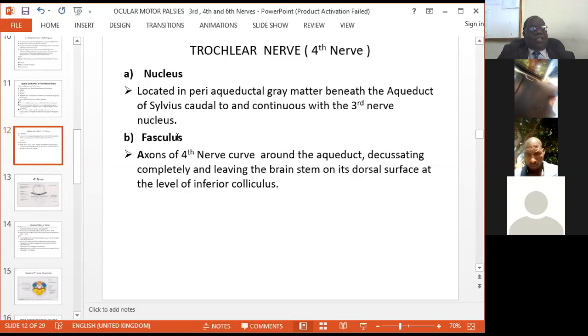So the fasciculus, the fibers from there, the axons of the fourth nerve, pass round the aqueduct, decussating, crossing over. This is the level. So if this is the nucleus there, the fibers will curve around the aqueduct, decussating completely and leaving the brain like that.